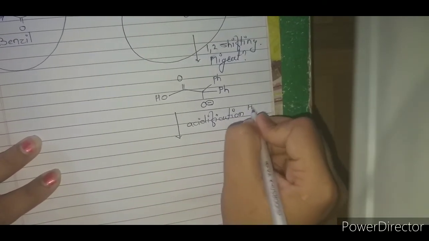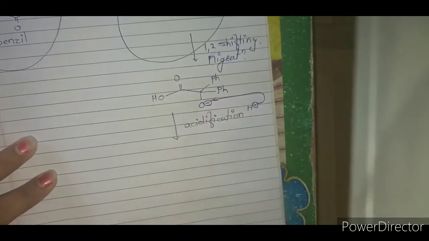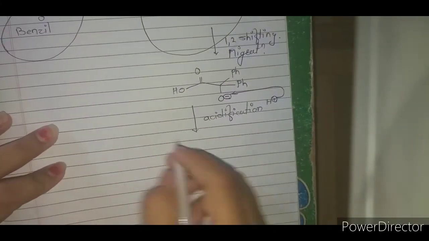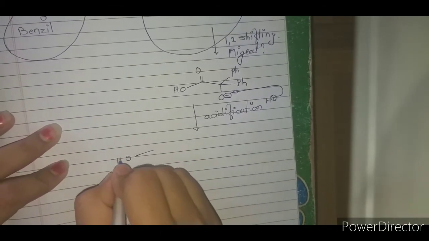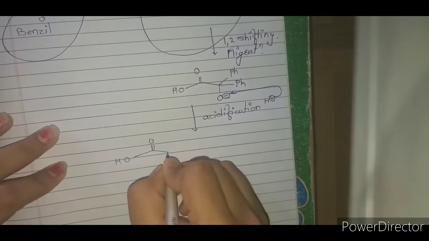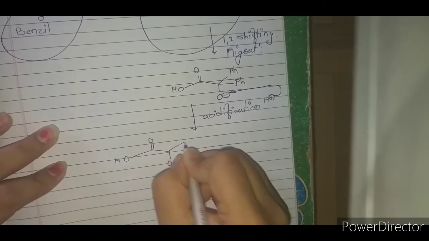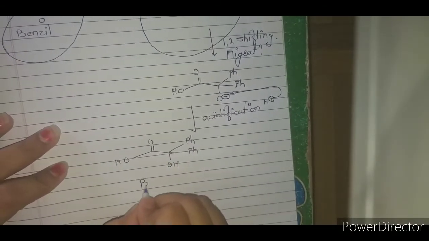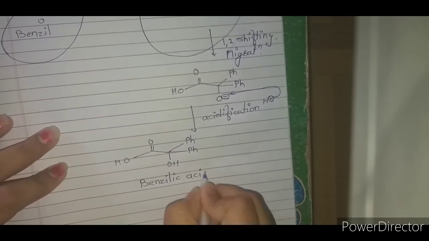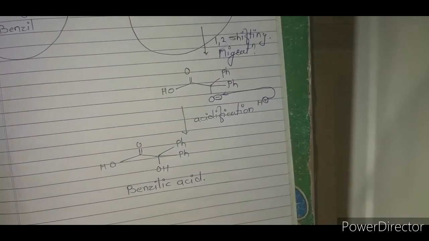In acidification, this H plus ion attacks here and forms your final compound. It is your OH, and you form your final compound called benzilic acid.